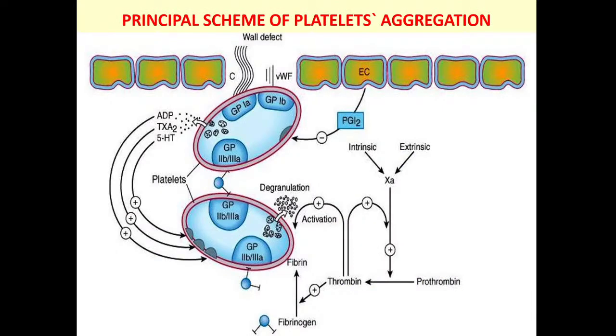First of all, anti-aggregants. Platelet aggregation is a process that is triggered when a vessel wall is damaged. The essence of this process is the adhesion of these cells to each other.